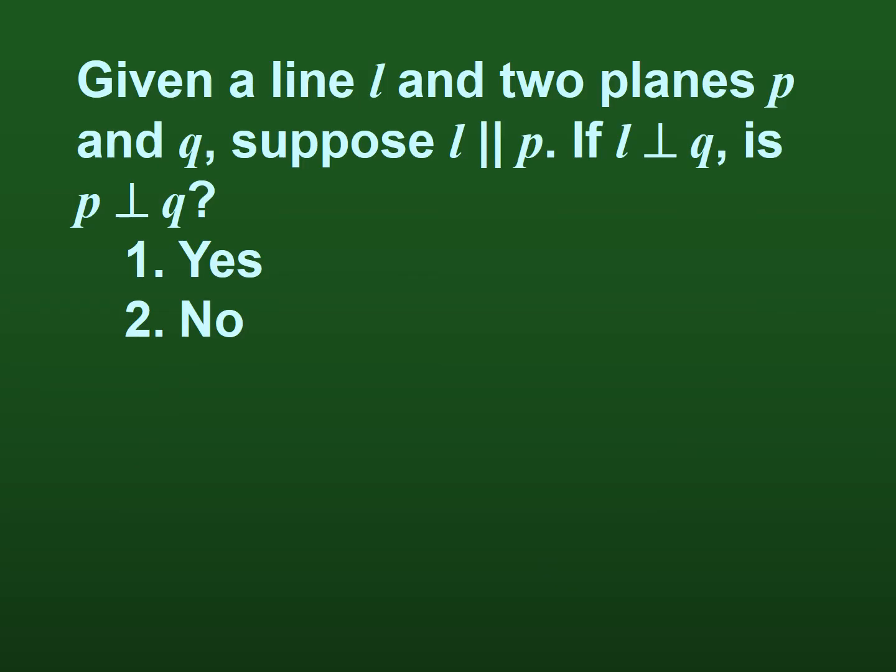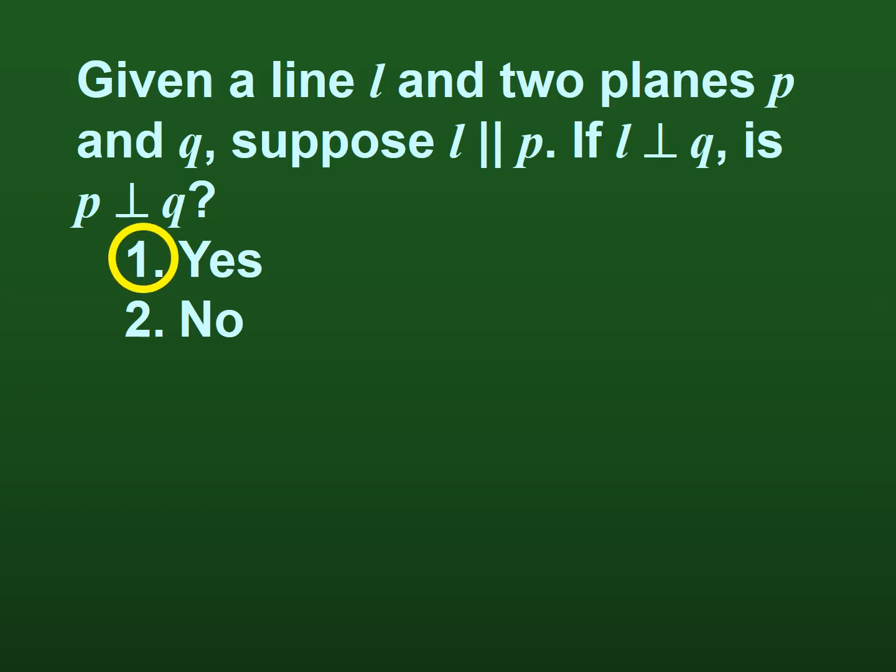All right, here's a yes or no question. Given a line L and two planes P and Q, suppose that line L is parallel to plane P. And if line L is perpendicular to plane Q, is plane P perpendicular to plane Q?